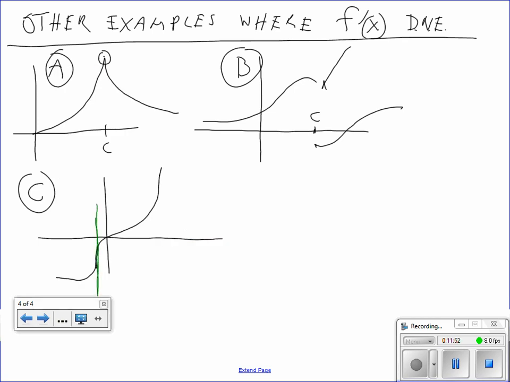So at this point C, the derivative wouldn't exist there either. Okay, so three examples where a derivative doesn't exist, and it has to do a little bit with smoothness. Not a smooth function, or here actually we have what we might call a vertical tangent, where the derivative is infinite.